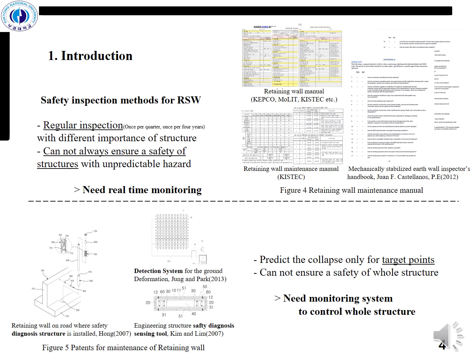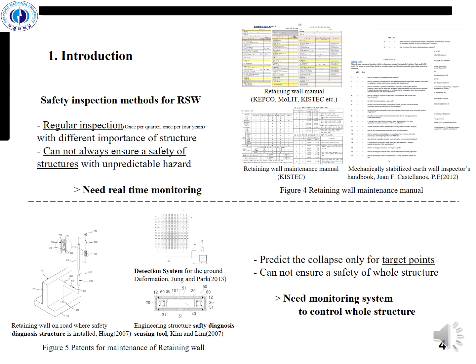This slide shows the safety inspection method of RSW. In Korea, regular inspection is conducted depending on the importance or size of the structure. It means that it cannot always ensure the safety of structures against unpredictable hazards.